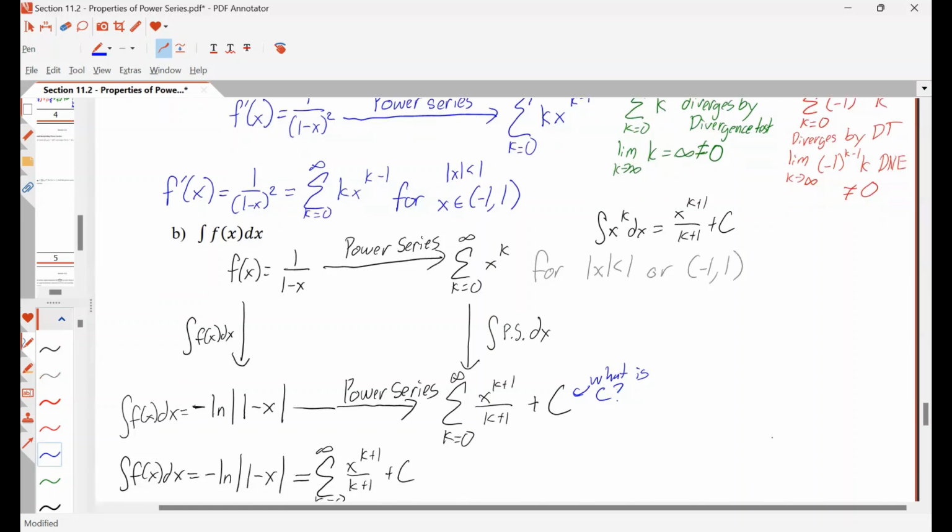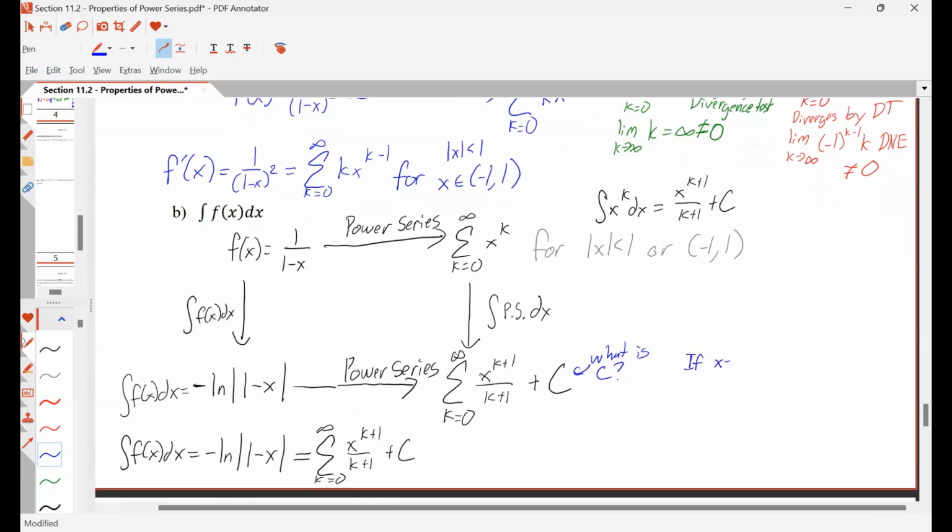If we pick a convenient value that is already in our interval, say 0, 0 is already in this interval. It's also our center. So we know it's going to converge. I'm going to plug x equals 0 in, and I get negative natural log of the absolute value of 1 minus 0, plugging 0 in for x, equals the series k equals 0 to infinity, 0 to the k plus 1 over k plus 1 plus c.